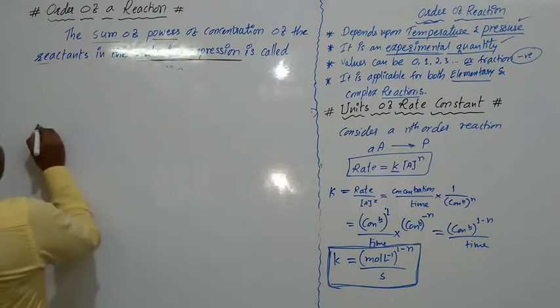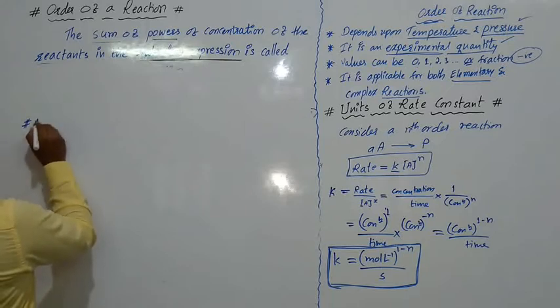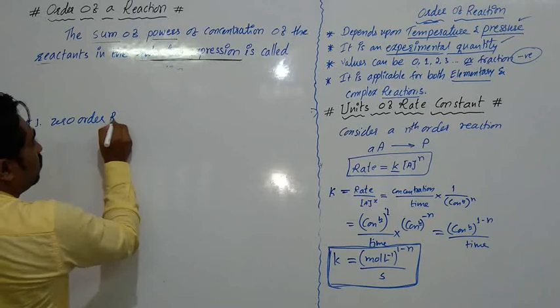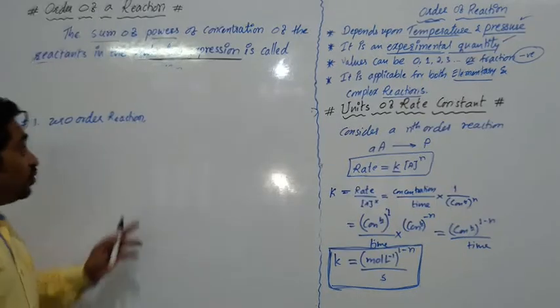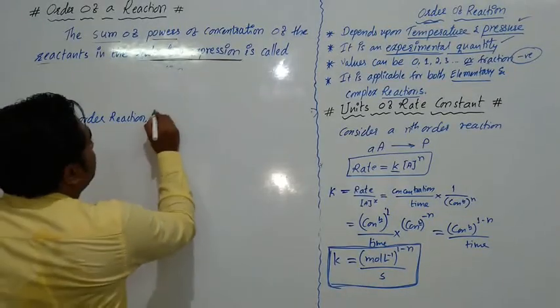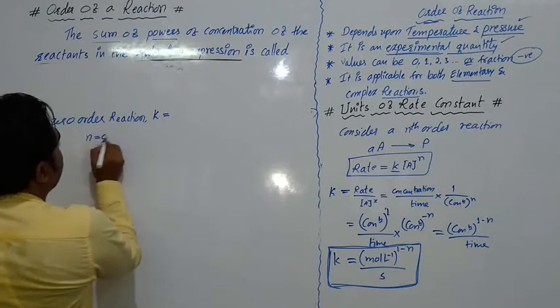First one, zero order reaction. We are writing the unit of rate constant of a zero order reaction. So for a zero order reaction, n is equal to 0.